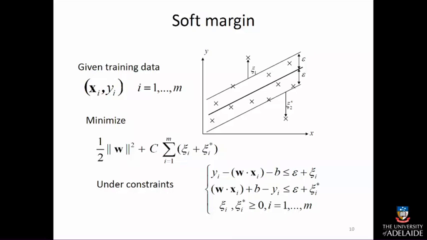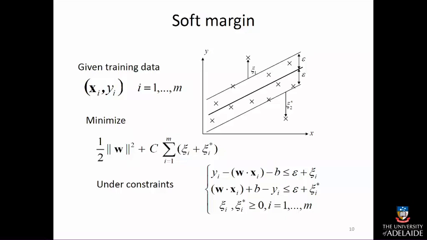But if we just calculate the sum of Xi itself, we do need this constraint. We do need this non-negative constraint, all right? This is the same as in the case of support vector classification.